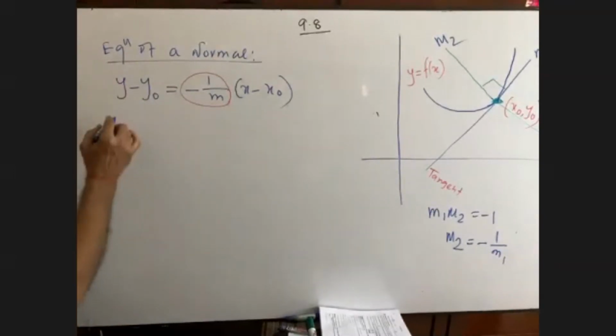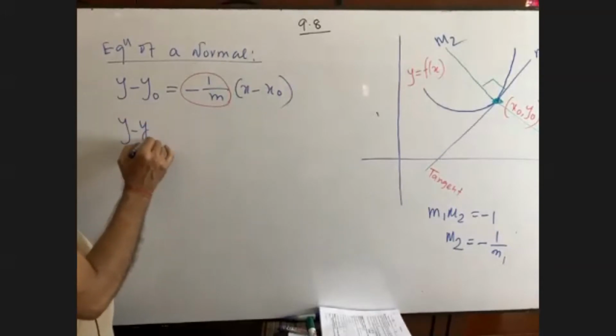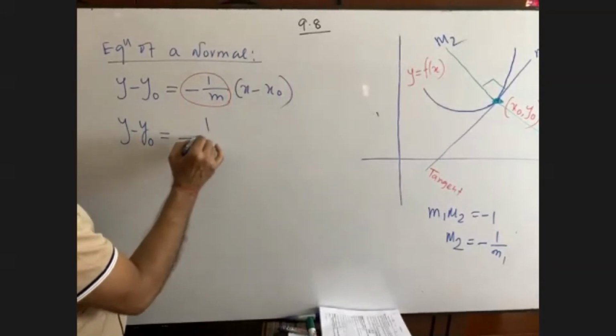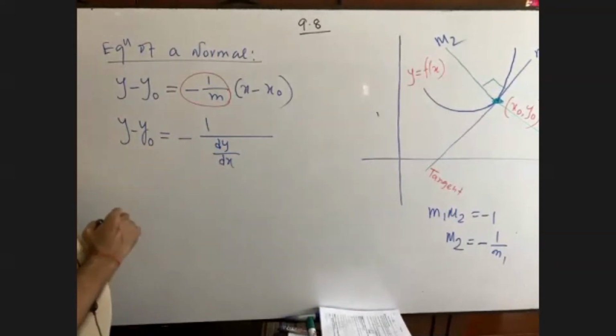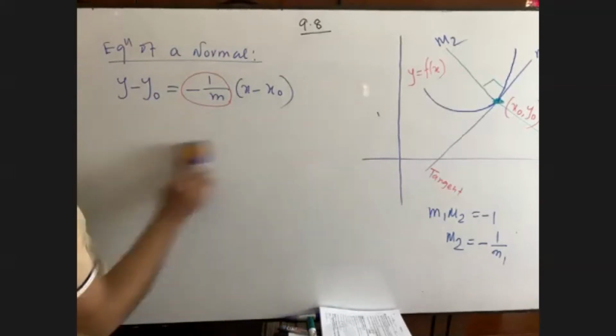Very good. We reduce this: y minus y naught is equal to, what is m? m equals dy by dx. But I can do the math in another way.